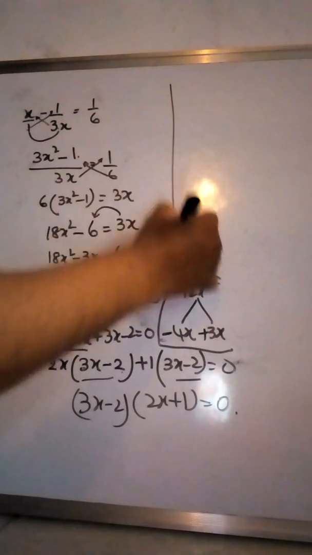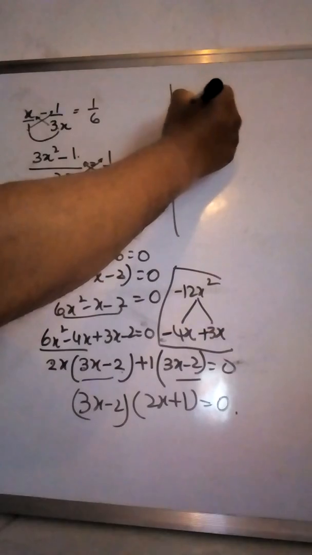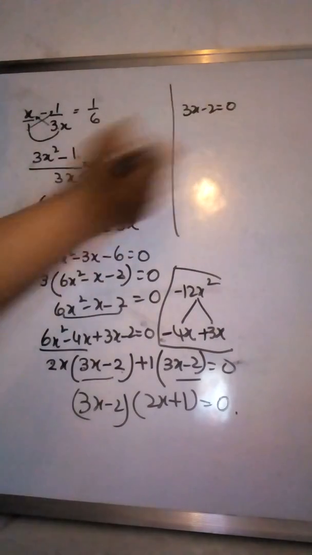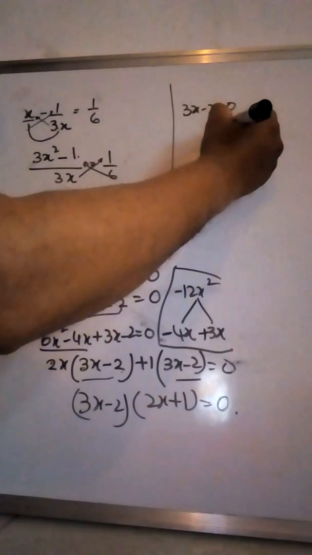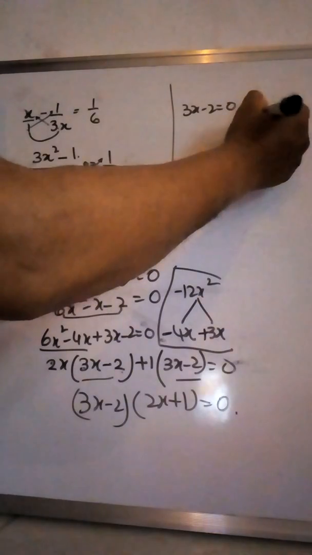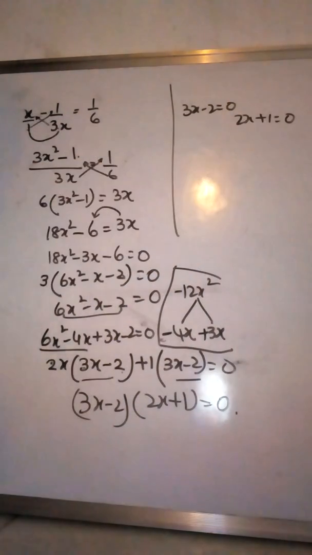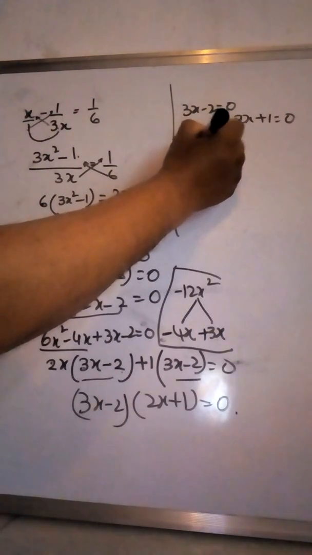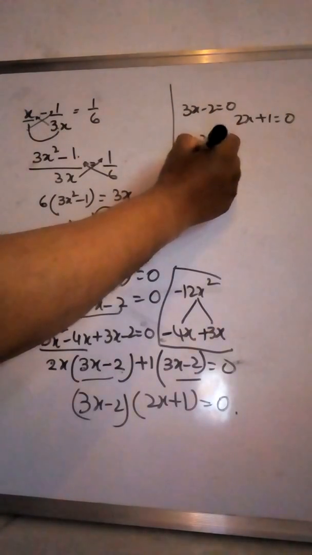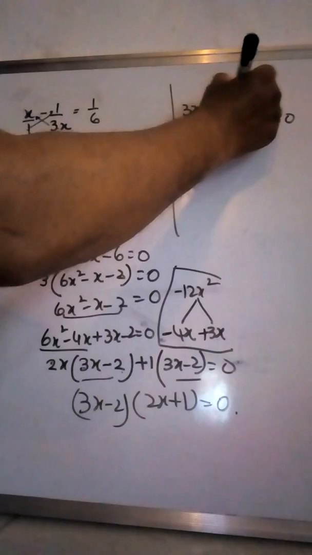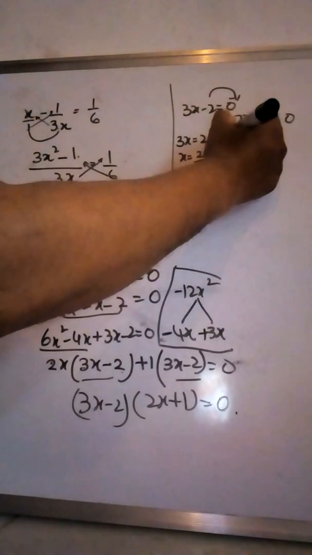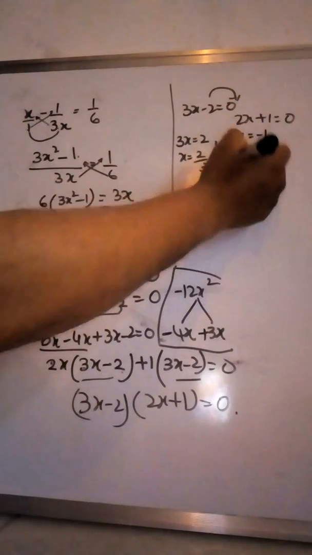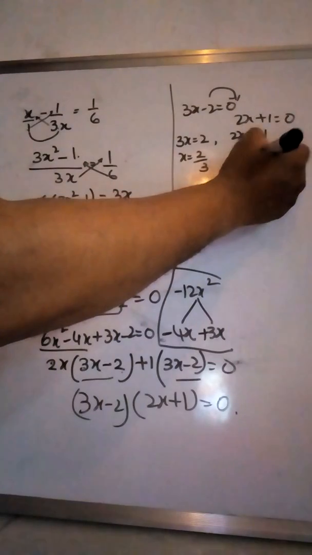So individually if I take, it will be 3x minus 2 is equals to 0 and I'll have 2x plus 1 is equals to 0. So now this 3x is equals to 2, x is equals to 2 by 3. I am transposing this. So here it will be 2x is equals to minus 1, x is equals to minus 1 by 2.